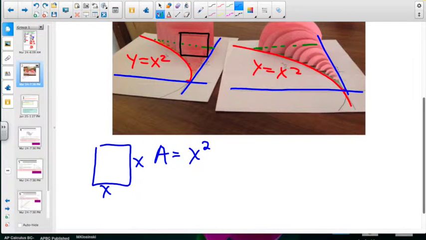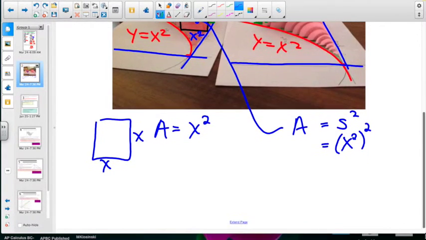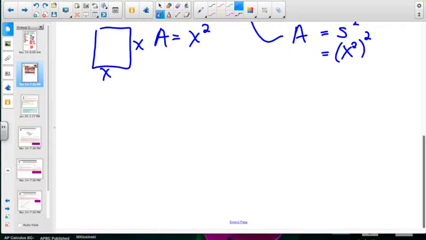So the area of this is the side squared. Maybe I should have used the side s squared. The side is x squared. So this is going to be x squared times x squared, which is x to the fourth. X squared squared. So there's the area of that square in my picture.